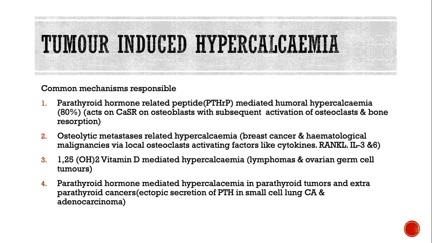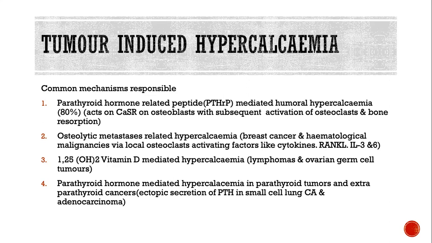In our patient, intact PTH level is decreased, so it can't be PTH mediated hypercalcemia, and active vitamin D levels are also decreased, so it can't be due to active vitamin D mediated hypercalcemia. So we are left with these two, and it is probably due to osteolytic metastasis related hypercalcemia, because hematological malignancies cause hypercalcemia via local osteoclast activating factors.